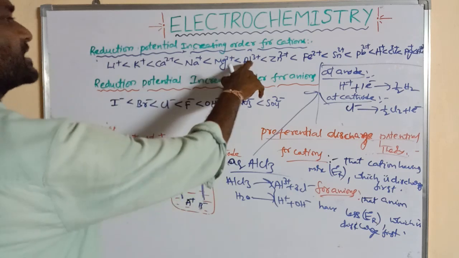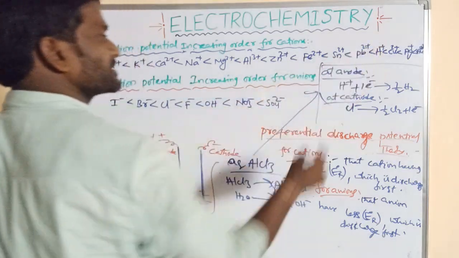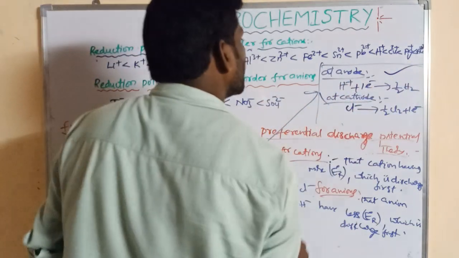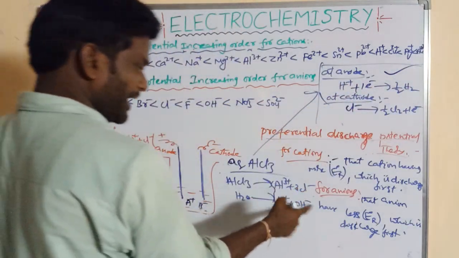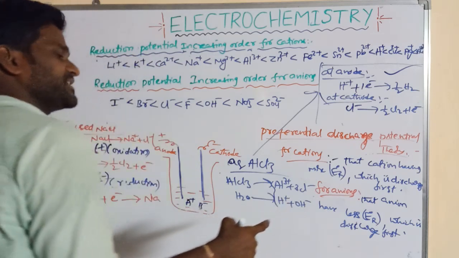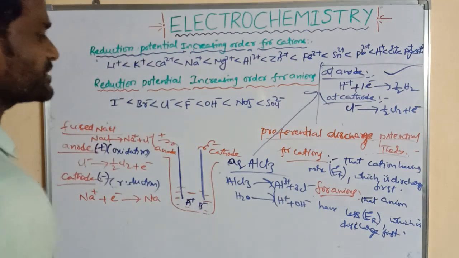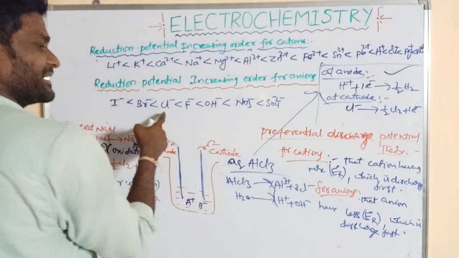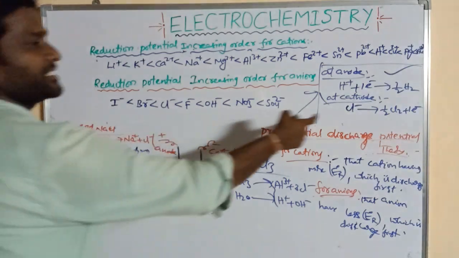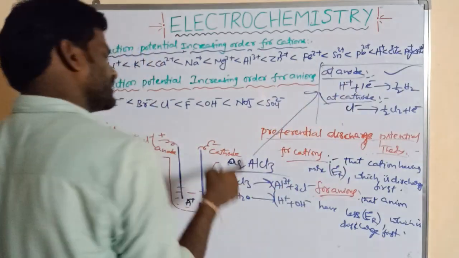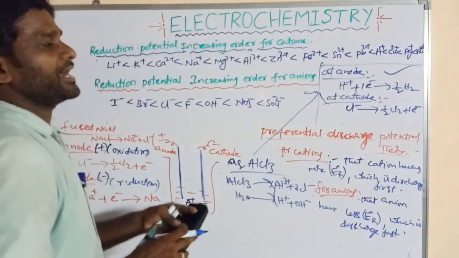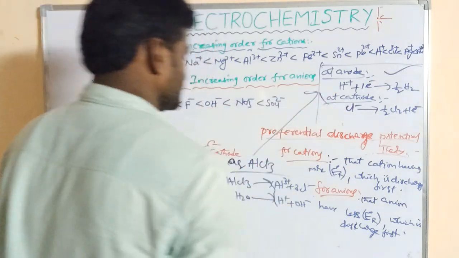H plus has a higher reduction potential, so it is produced first. Of the two anions, Cl minus and OH minus, Cl minus has less reduction potential, so it is discharged first. So for aqueous AlCl3 also the same products are obtained: hydrogen and chlorine.